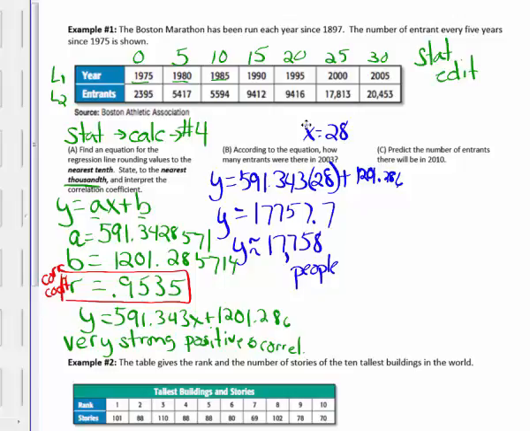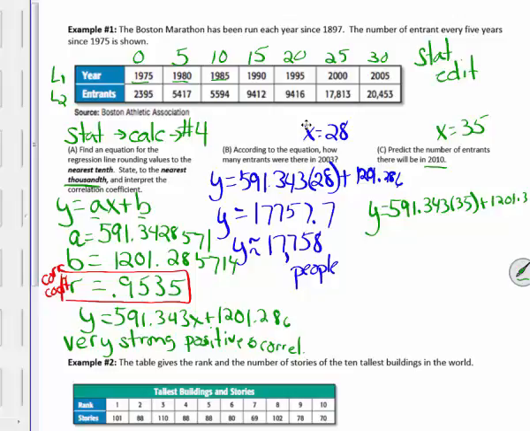Now remember, that's an example from yesterday using our vocabulary words of interpolation because it's in between data points. Now we're going to have an extrapolation because we want to know for 2010. Well, that means X is going to be 35 years. So I'm going to do my equation, 591.343 times 35 plus 1201.3.